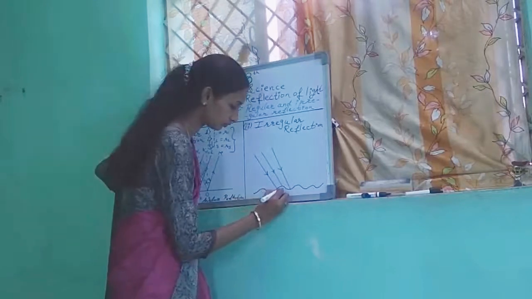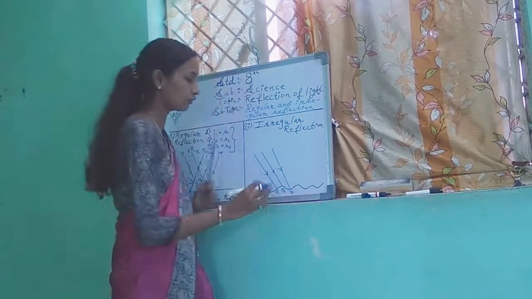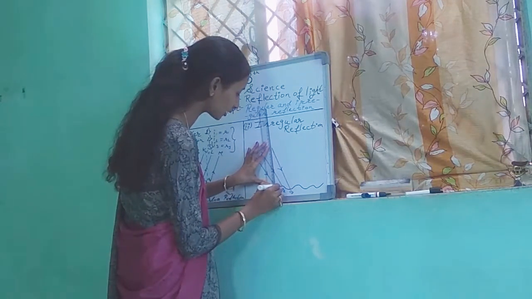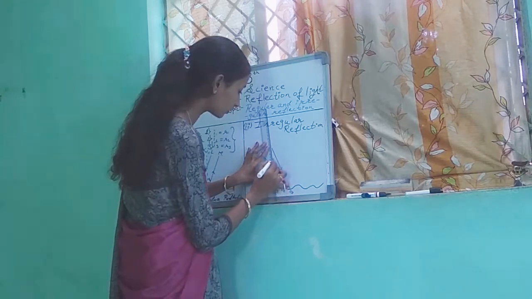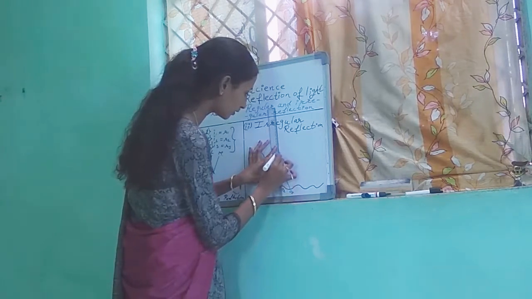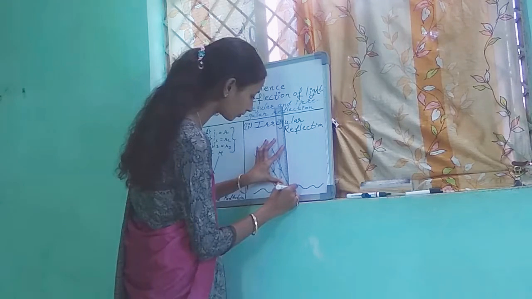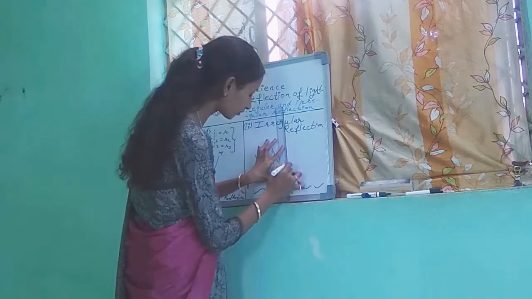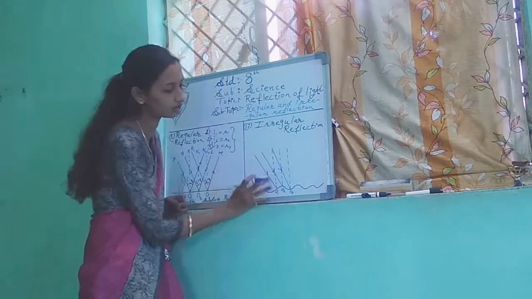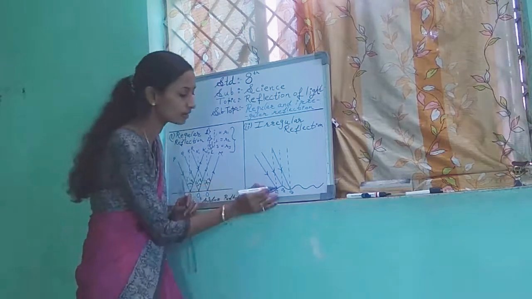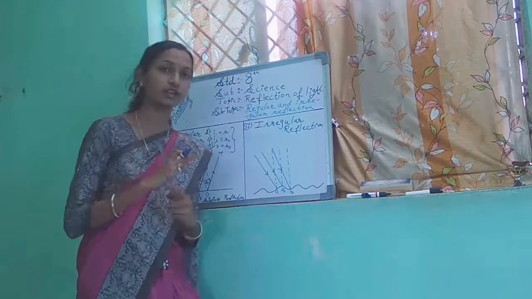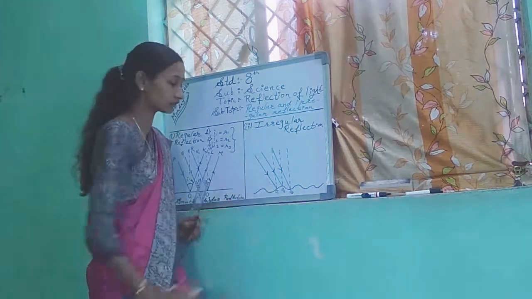Here also we'll take O1, O2 and O3 for clear justification, and from here we will draw the normal, which is perpendicular. You can now clearly see that these three rays are not parallel to each other. When we extend them, at some point they will intersect each other. So they are not parallel.